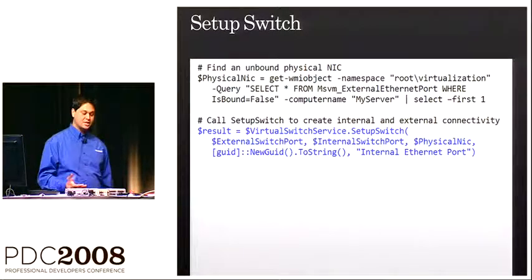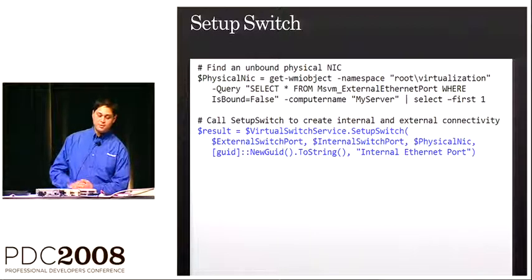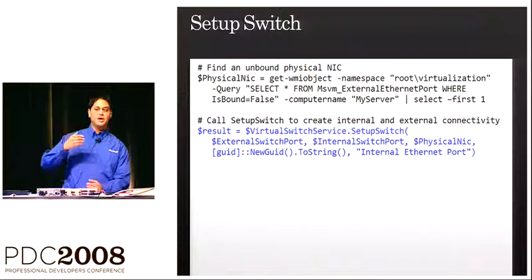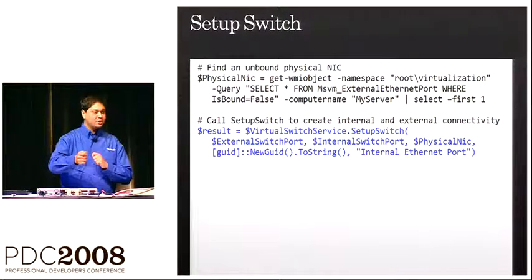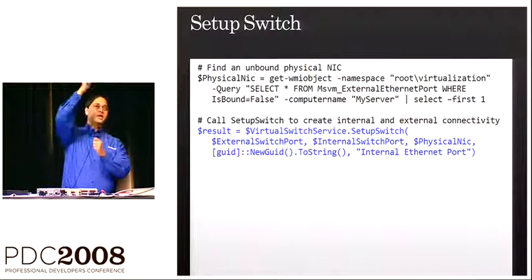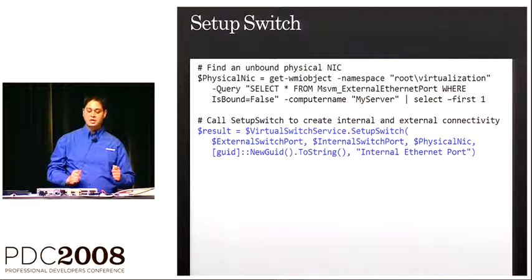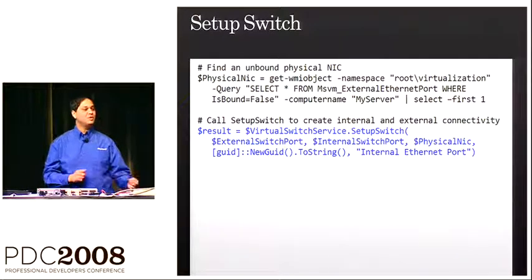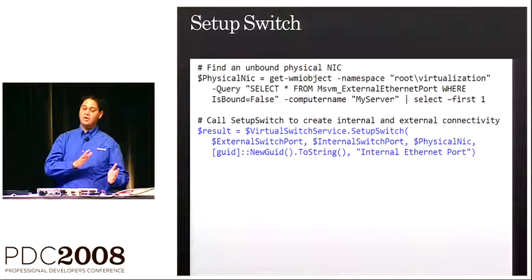Now, SetupSwitch is an interesting API. We have very granular APIs for if you wanted to bind a particular NIC to your switch and then connect it up into your parent partition, etc. The problem you end up getting into is that at some point you're going to lose network connectivity, because you're taking the existing bindings and switching them over on the switch.